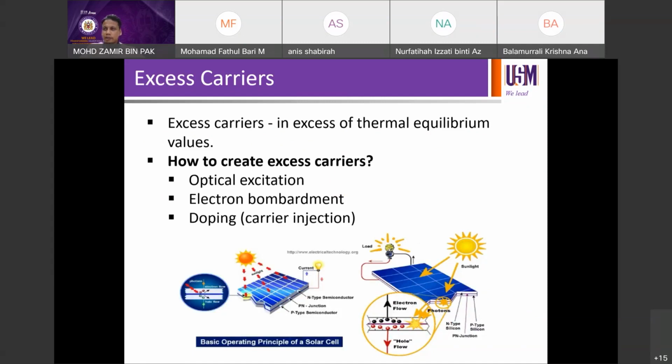That's why the notation of naught, N naught, P naught, becomes very important in order for us to differentiate the concentration of carriers at thermal equilibrium versus the concentration of carriers under the new condition where we have excess carriers.